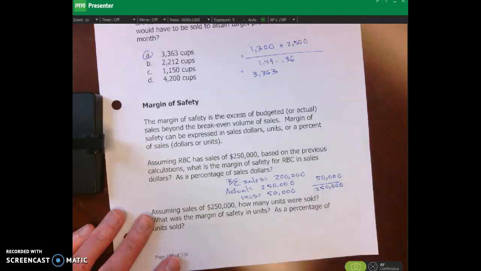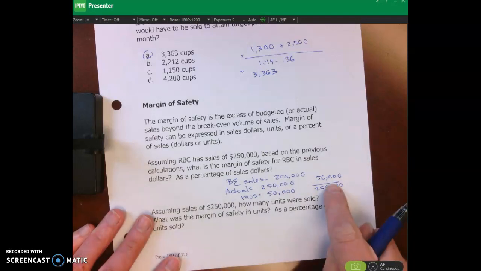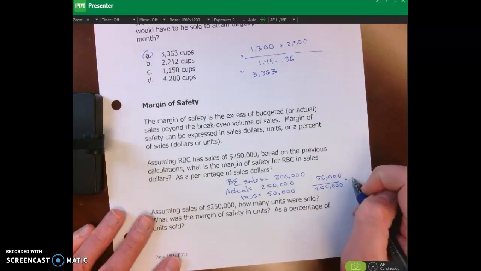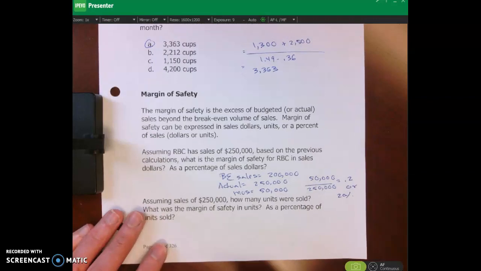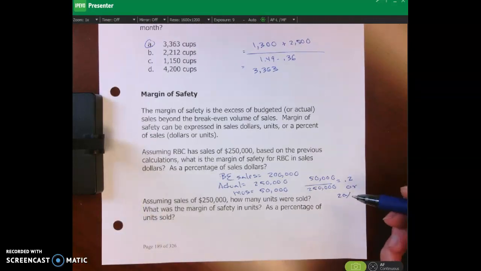The margin of safety as a percentage is a percentage of our actual current sales dollars, which gives us 0.2 or 20%.